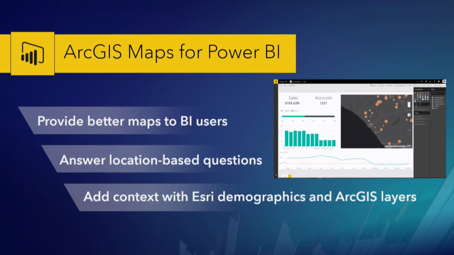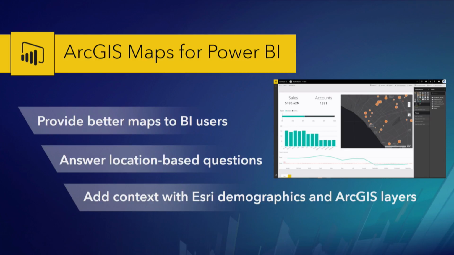It allows those BI users, those users who are not necessarily GIS experts, people within organizations that might have the role of BI analyst or data scientist, to answer location-based questions, because there haven't been a lot of really good tools to answer spatial questions in the BI space. That's what ArcGIS Maps for Power BI was built to do.